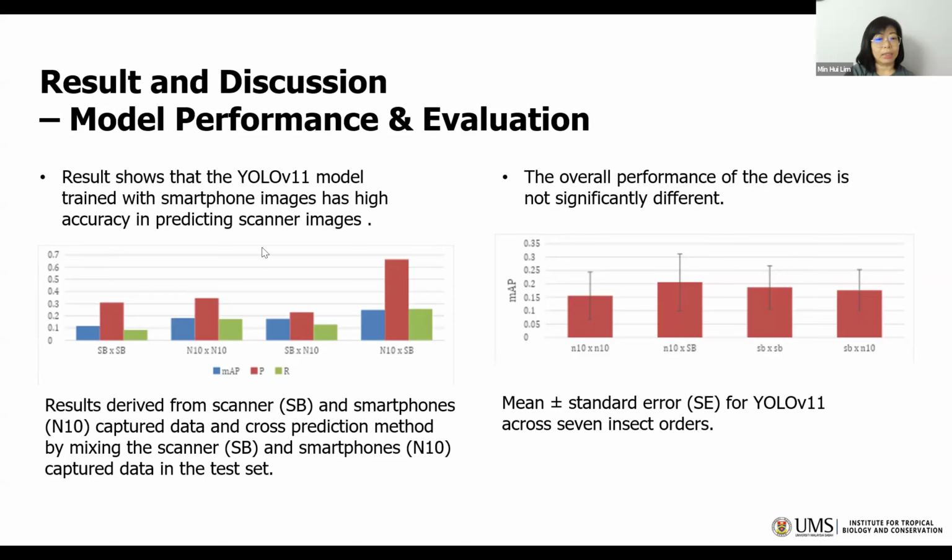This is how the prediction was done by mixing the data sets from the different image acquisitions. Our finding was that the overall performance of the devices was not significantly different based on our one-way ANOVA.